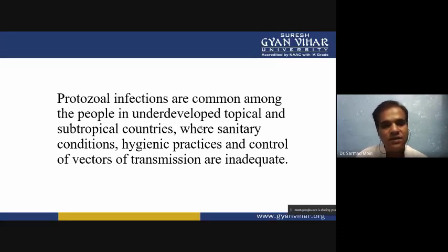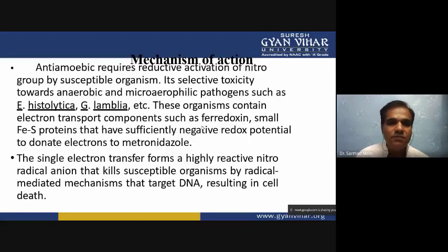If we are eating uncooked material, and this uncooked material is having Entamoeba infection, then easily we can have amebic disease. Then mechanism of action of these anti-amebic type of drugs. It requires reductive activation of the nitro group by the susceptible organism.